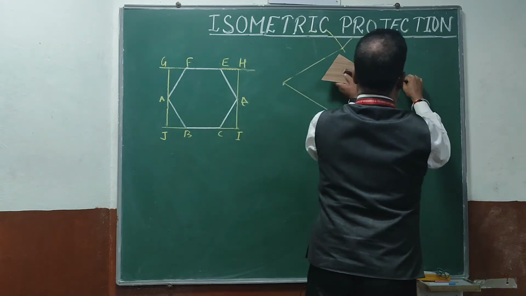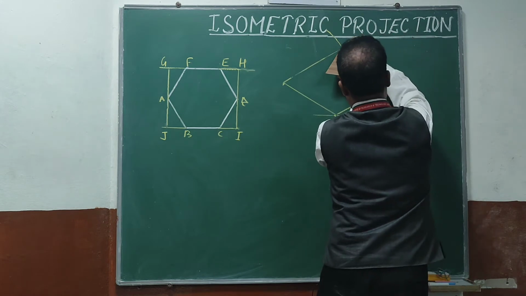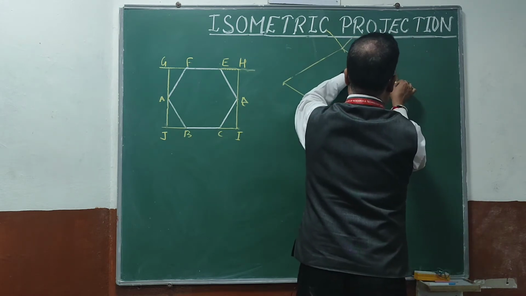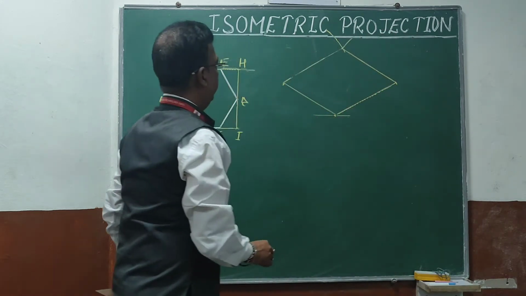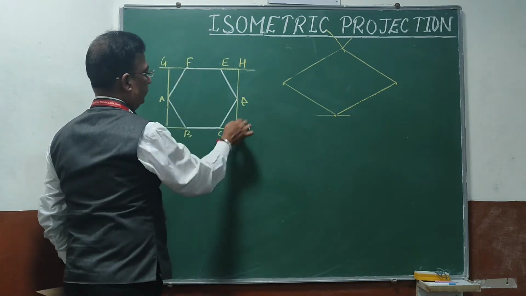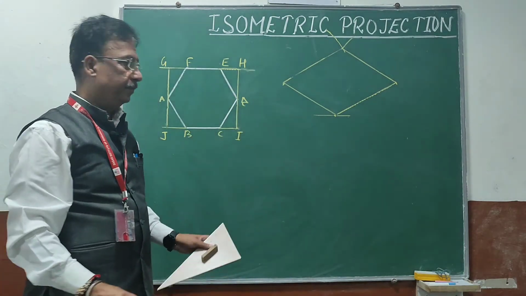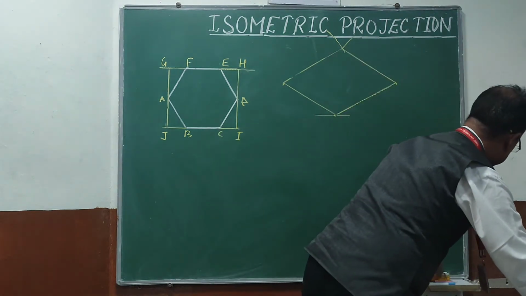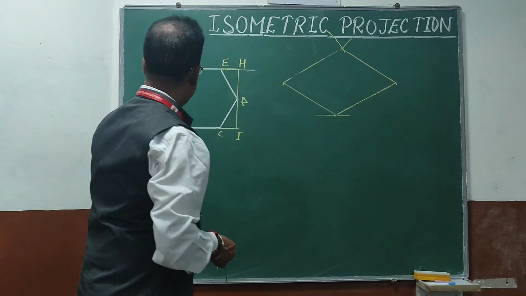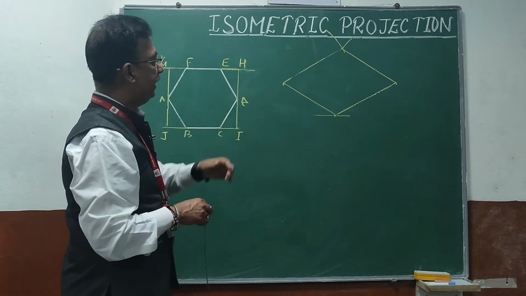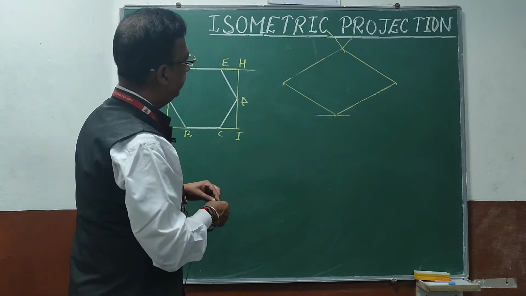So I can easily join this. So this is the isometric projection of this rectangle.